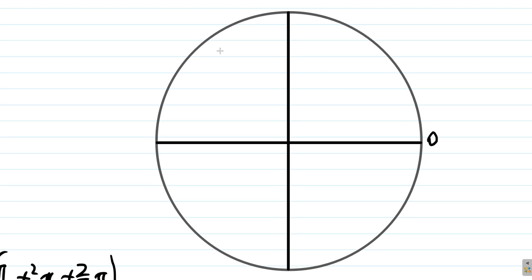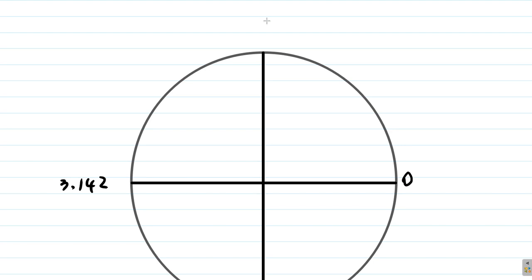You have 0 radians. This is pi radians, but we'll use some numbers instead of putting in the pi. So we're going to write 3.142.